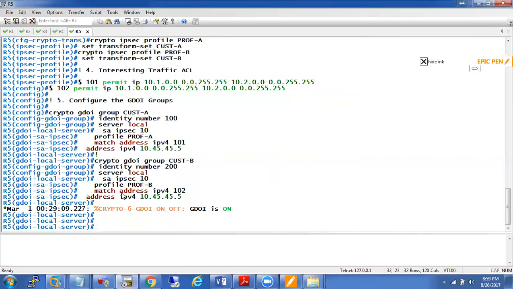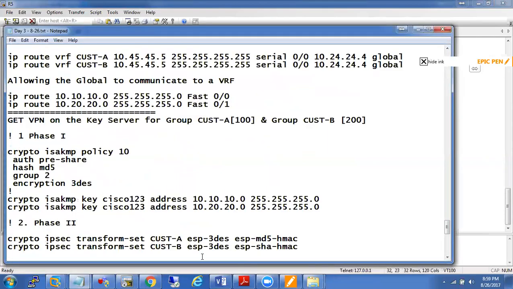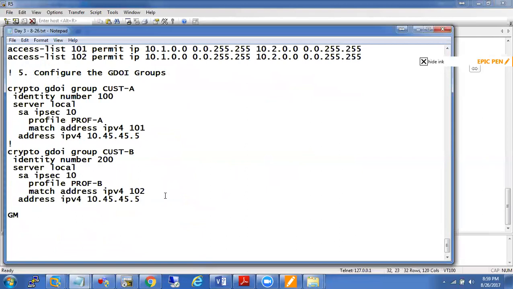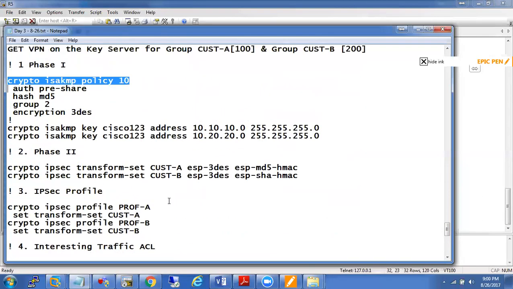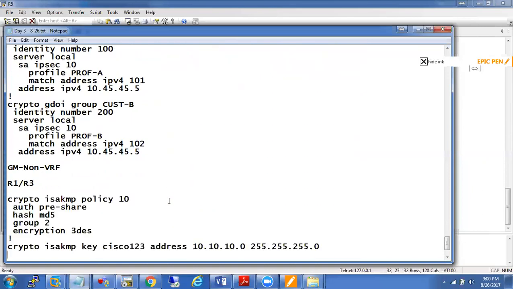How about the devices? So this is the key server. Group member, non-VRF, which is R1 and R3. Crypto, I'll just copy it because the phase 1 remains the same. Cisco123, and my address is 10.45.45.5.